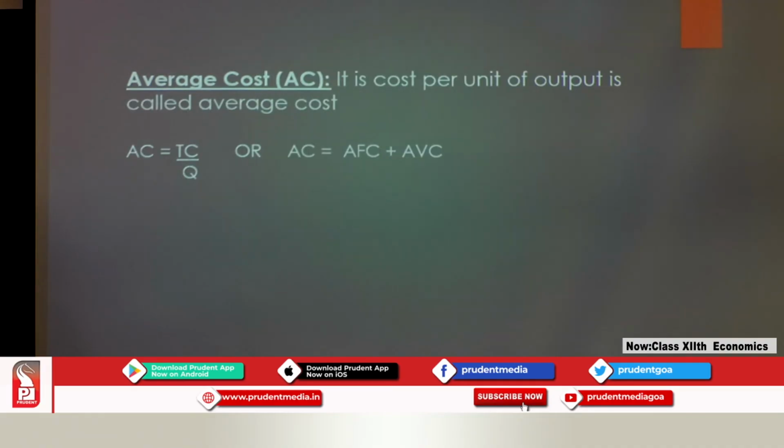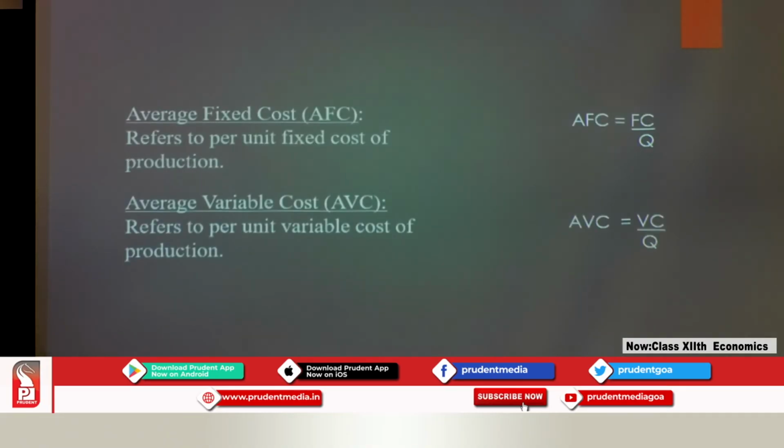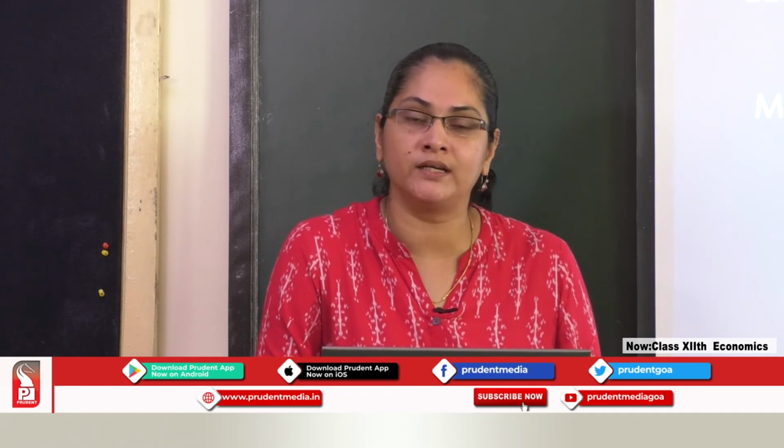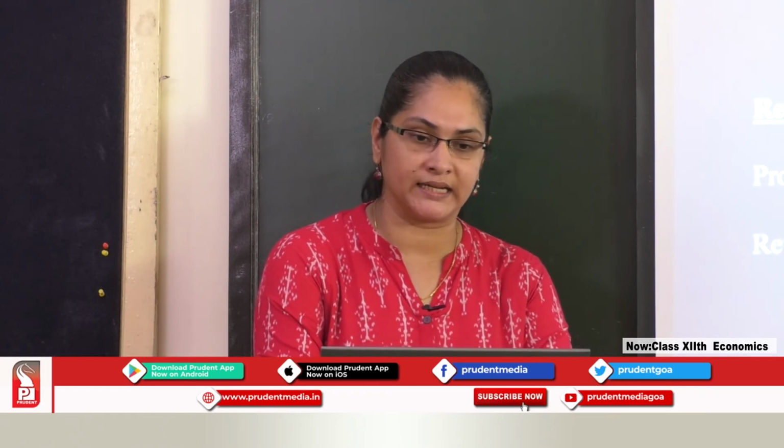Same way, the average cost is the per unit cost of each unit that has been produced, and there we also have the average fixed cost and the average variable cost. The third one under cost is the marginal cost, the extra or additional cost incurred by producing one more unit.